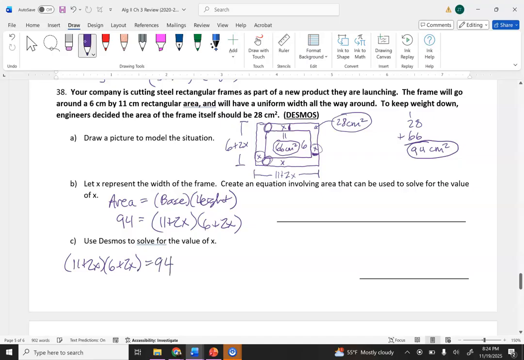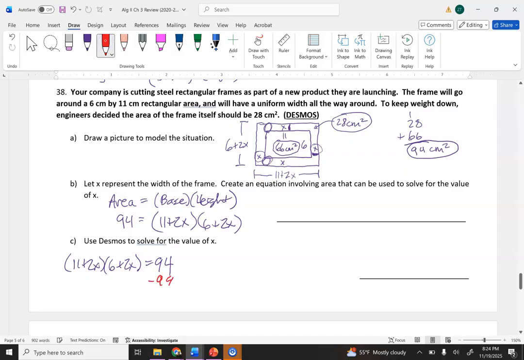All right, now you can solve this using method 1, where you type in the left side of the equation as its own function, and you type in the right side of the equation as its own function. But I don't like to do it this way because I don't like to have to go searching around for where my answer is on the graph. So instead, I'm just going to very quickly move this 94 over to the other side.